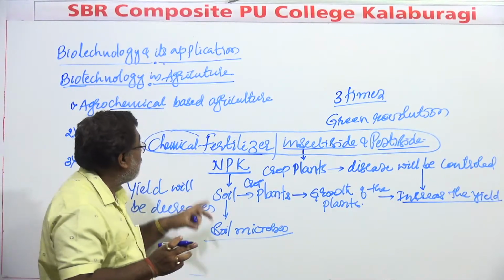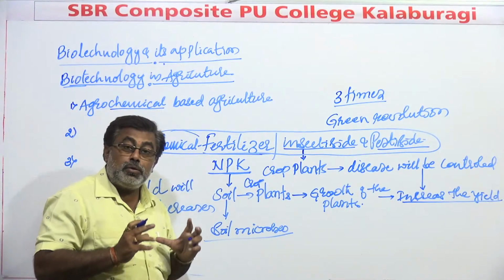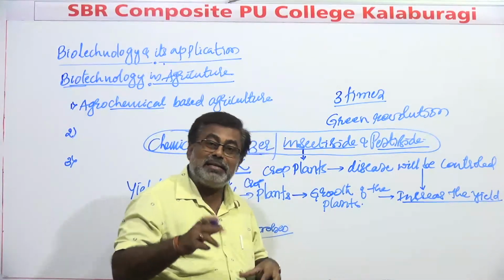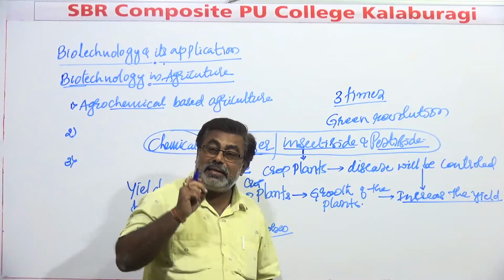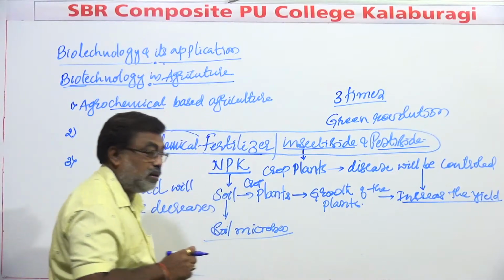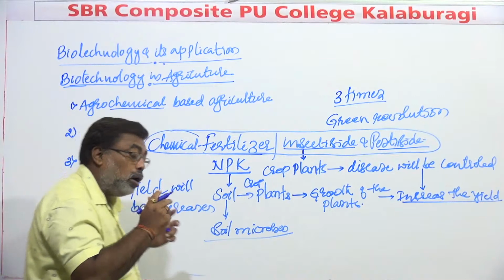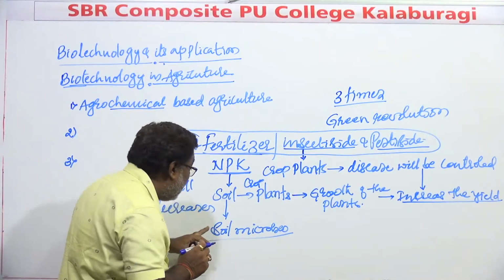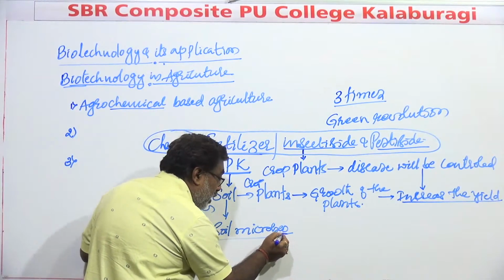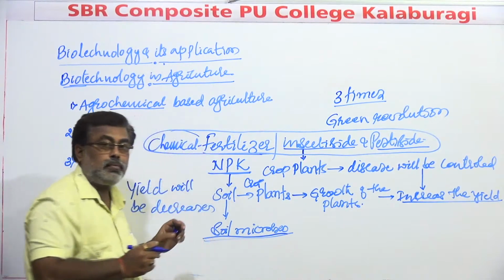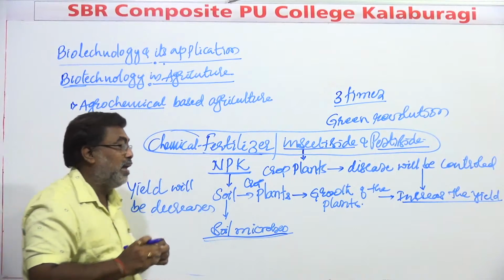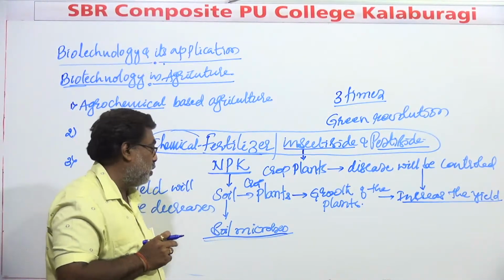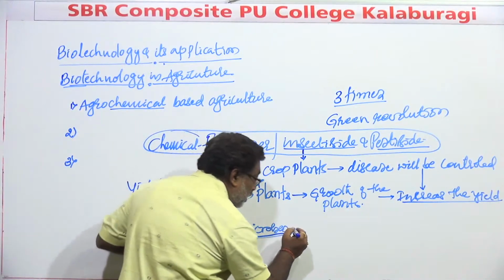So these chemicals will kill the insect as well as the pest. Along with that, these chemicals will kill the soil microbes. As it kills the soil microbes, what happens?